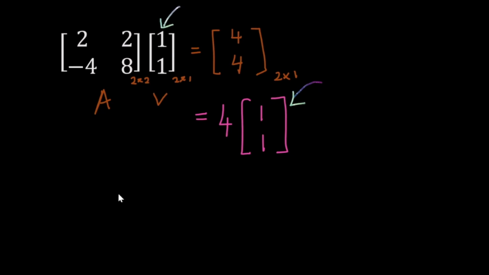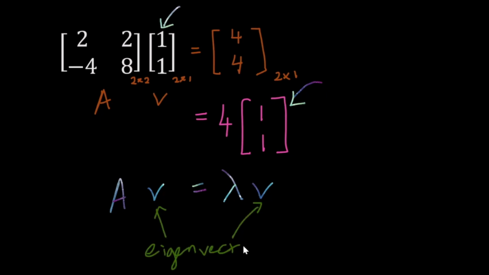And so we have AV equals a scalar, which I could name as lambda, multiplied by vector V. Now in this case, vector V is called the eigenvector. Meanwhile, the scalar lambda is defined as the eigenvalue.